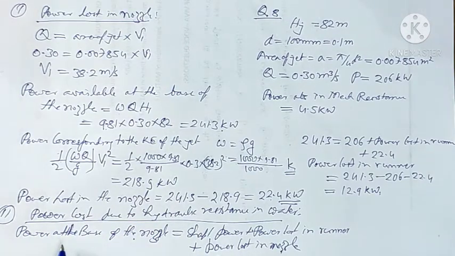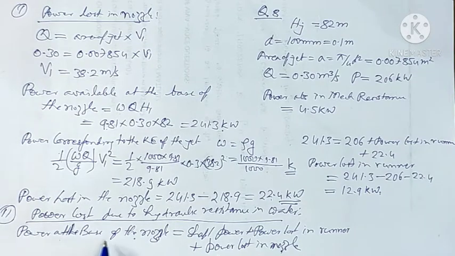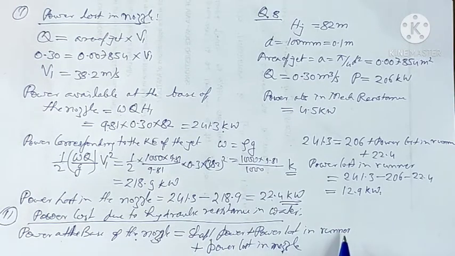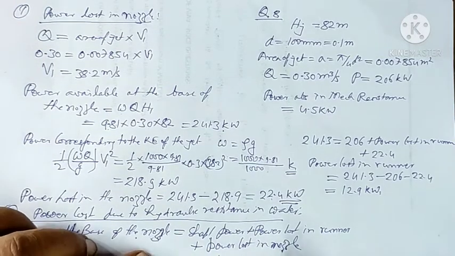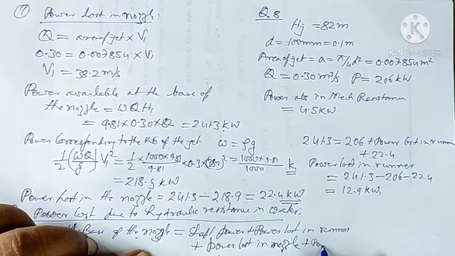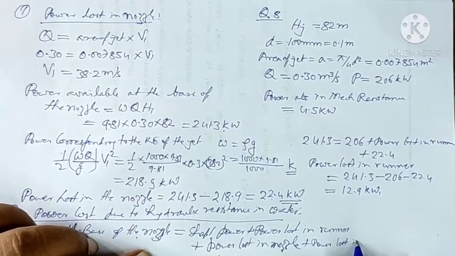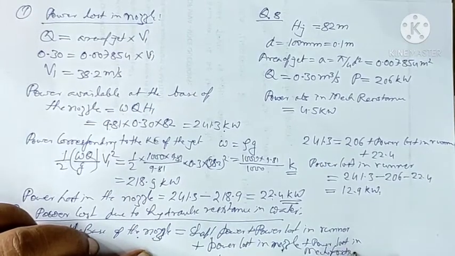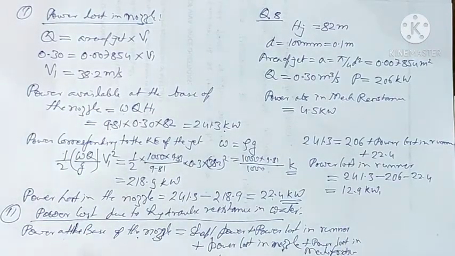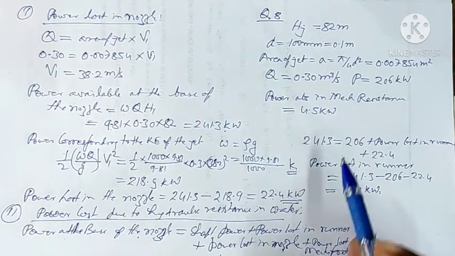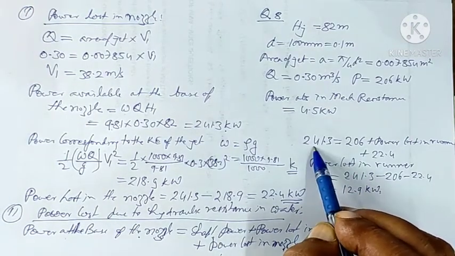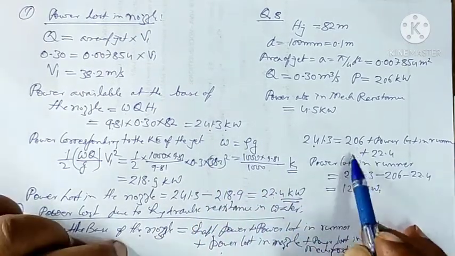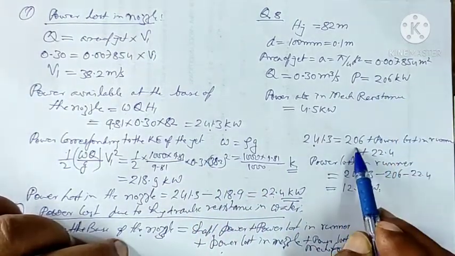We know that the power at the base of the nozzle will be equals to the shaft power plus power lost in the runner plus power lost in the nozzle plus power lost in mechanical friction. So we will substitute the values. Power at the base of the nozzle is 241.3 that we calculated. Shaft power is given as 206 kilowatt.